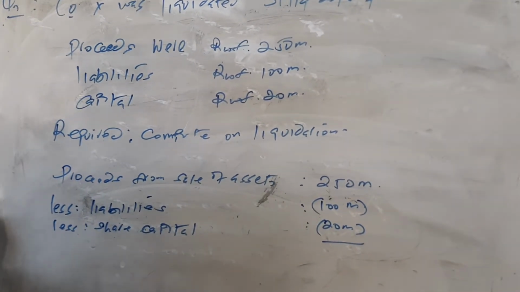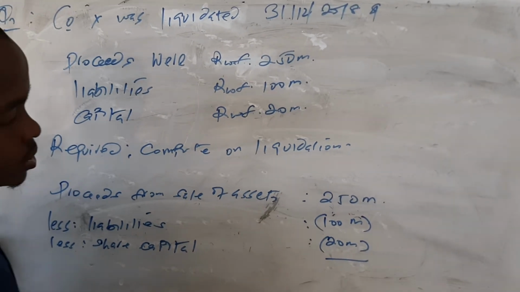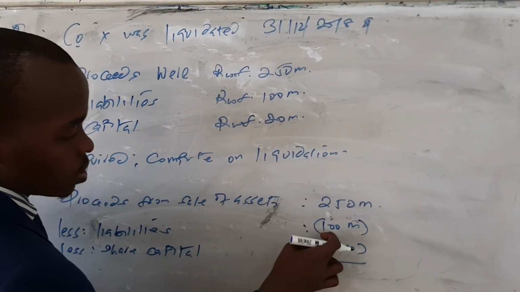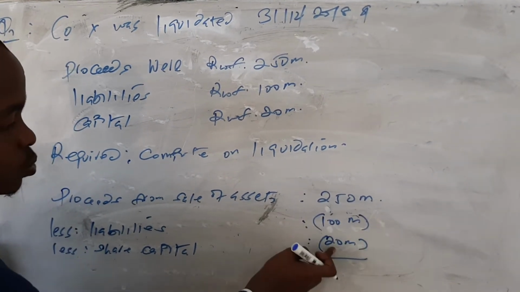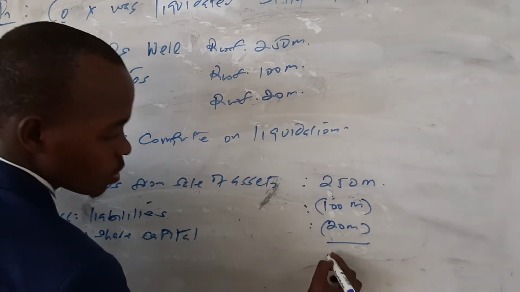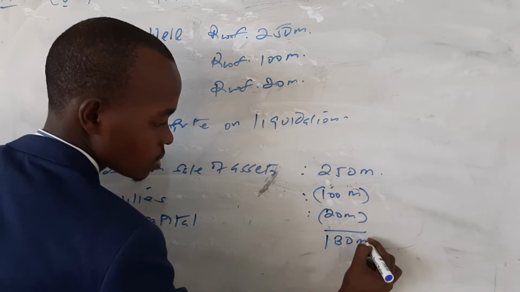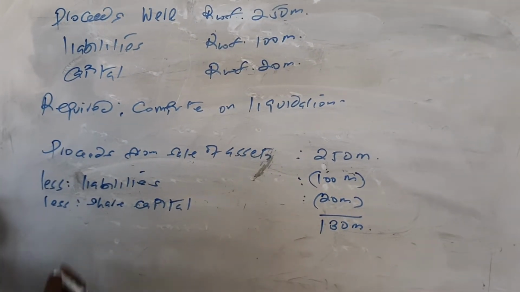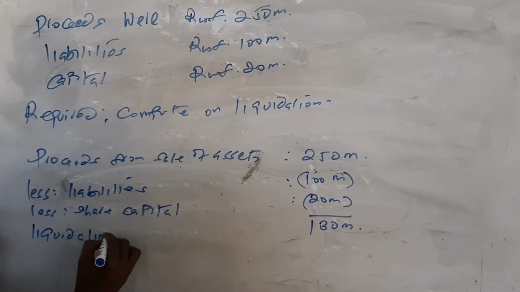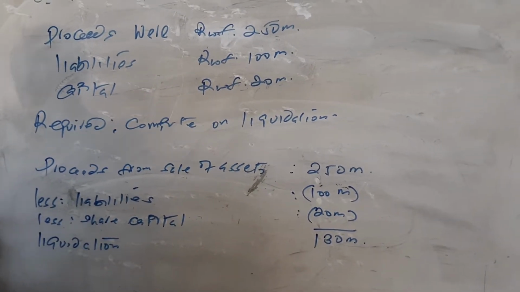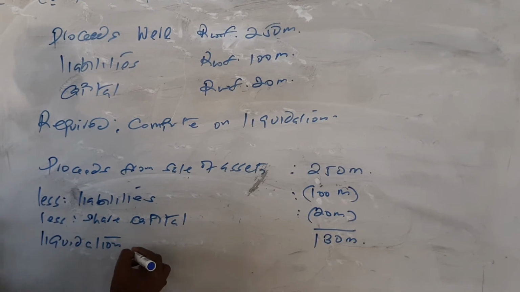Here you get 250 minus 100, that remains 150. 150 minus 20, that gives me 130 million as liquidation proceeds.